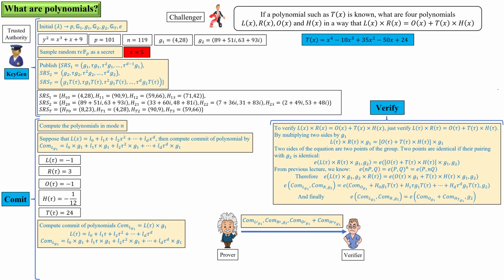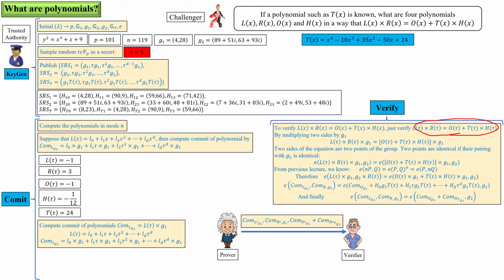Then the prover, while not knowing L of tau, R of tau, or L of x, R of x, and those values, just computes some random values for L of tau, R of tau, O of tau, and H of tau in a way that this test is passed, right? So the prover computes these values without knowing the polynomials.